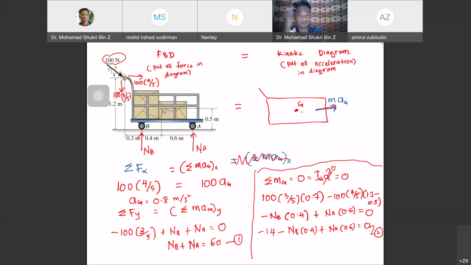Satu tinggal satu, okay. Okay, untuk FY ni saya tertinggal satu sebab apa? Kita ada graviti juga, berat.